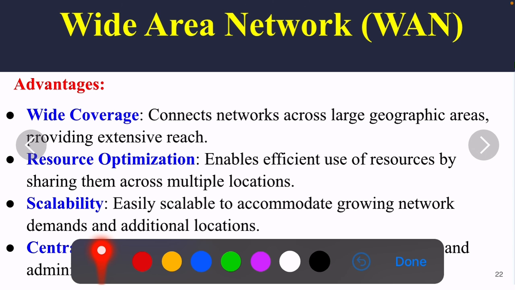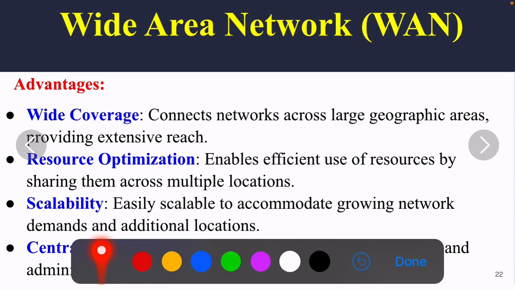The internet service provider can give you a leased line by which you can connect different branch offices together. So this is the main advantage, that is wide coverage of the wide area network. Then next is resource optimization. It enables efficient use of resources by sharing them across multiple locations. With the help of this, you can get updated data files, like software companies work over a live server to exchange updated files. So all the coders and office staff get the updated version of the files within seconds.